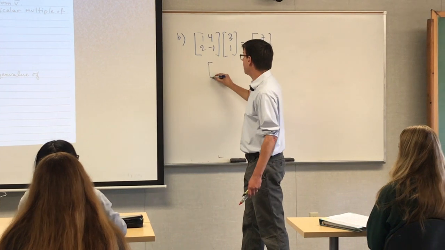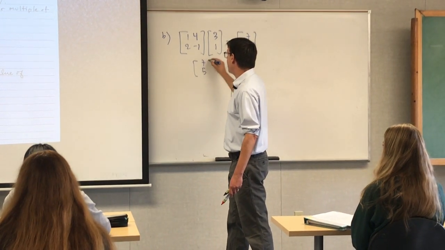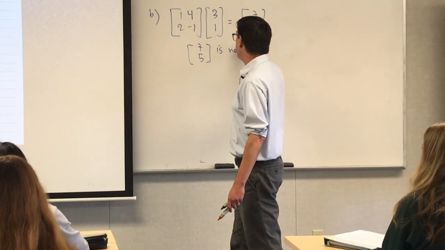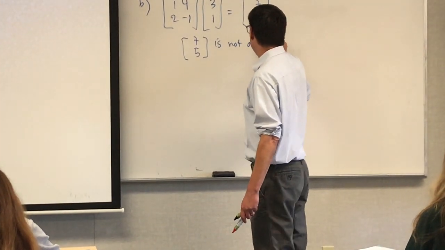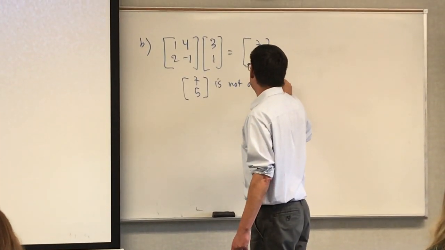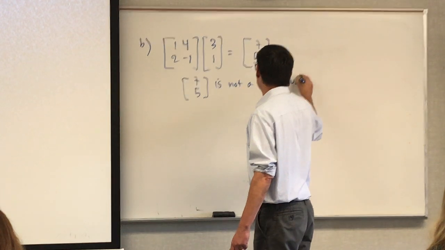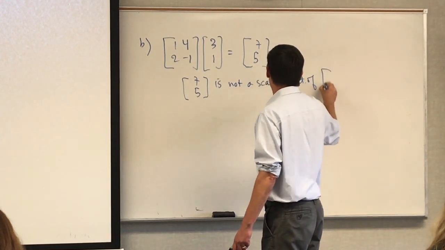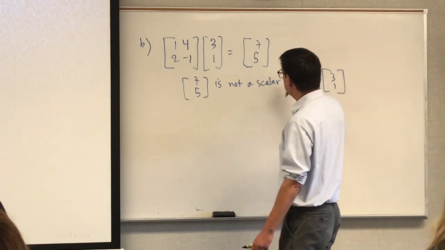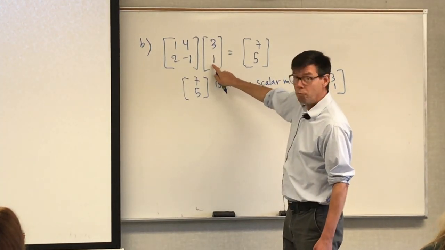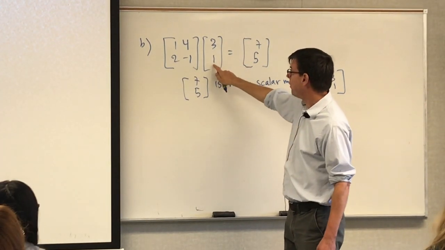Can you see that (7, 5) is not a scalar multiple of (3, 1)? Because to get from 1 to 5, I would have to multiply by 5.